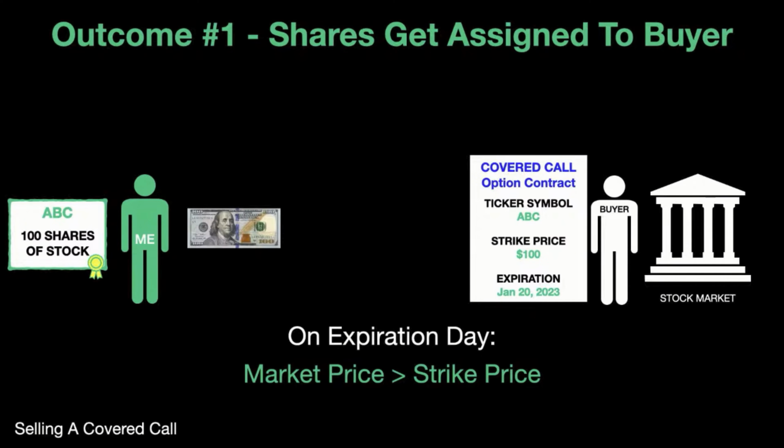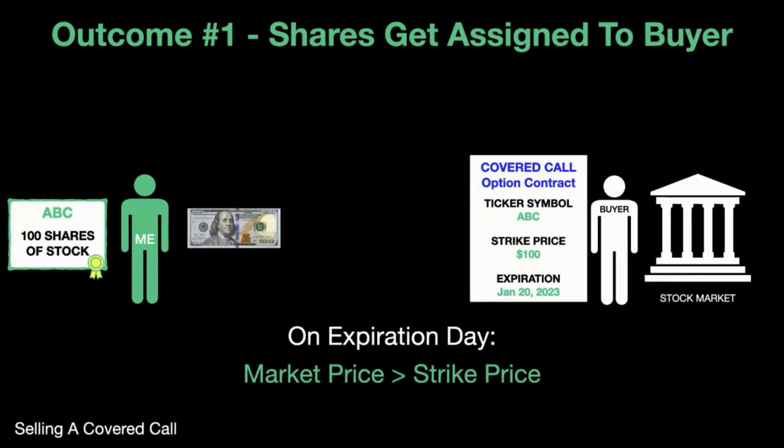So if the market price of the shares of ABC stock is $110, then the buyer, because of this option contract, knows that they can execute this option contract and only pay $100 per share. So they're going to go ahead and do that. They're going to execute the option contract, which is known as exercising the option contract. They're going to pay the $100 per share because that's what we've agreed to in the contract.